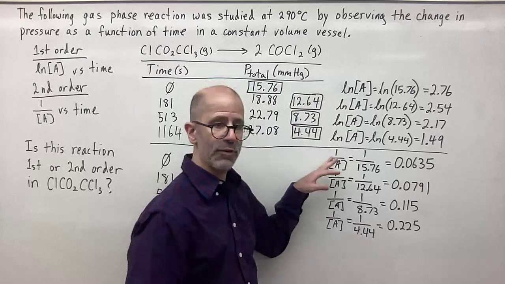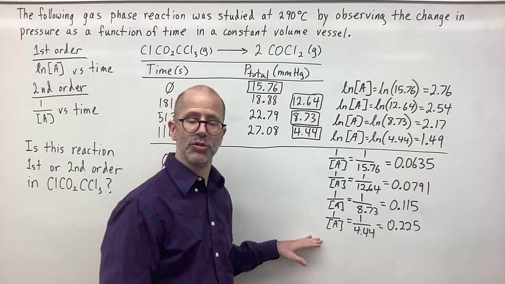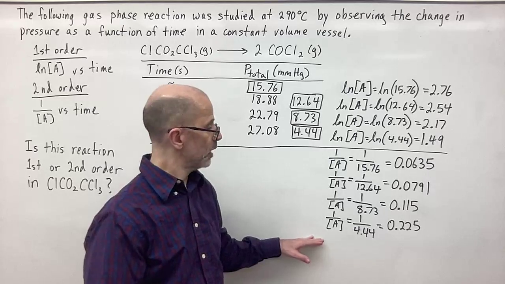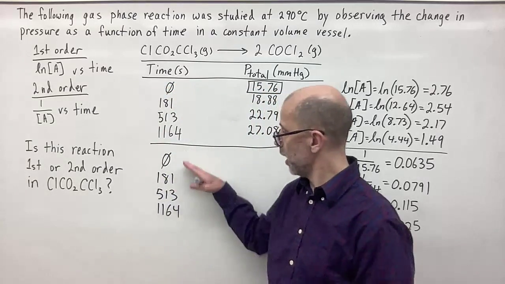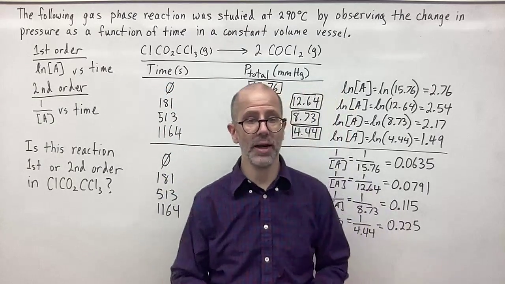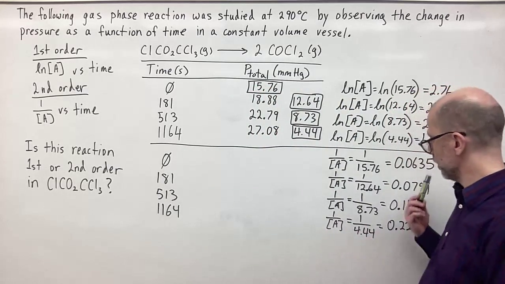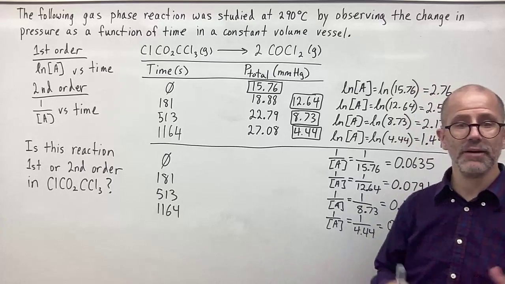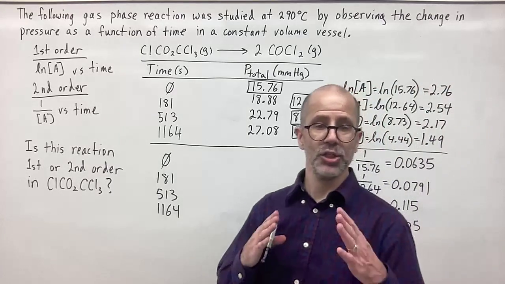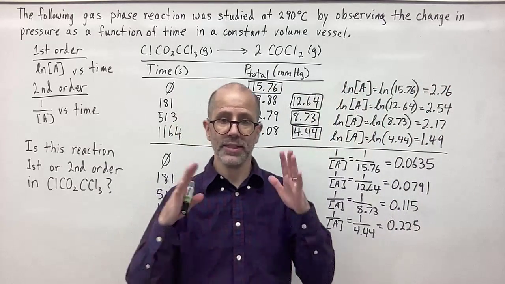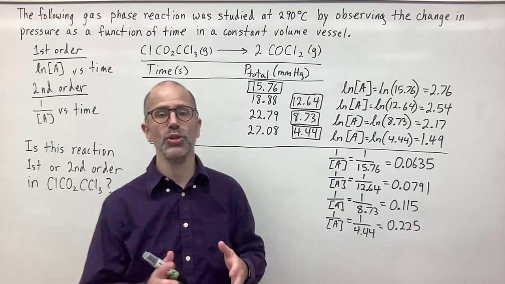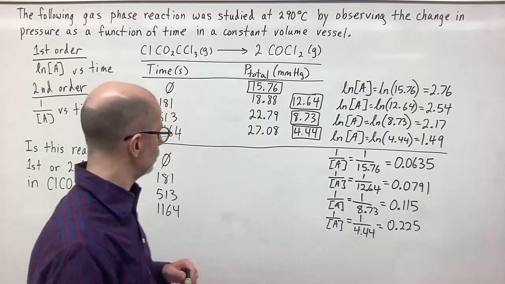And so now I have the 1 over the concentration or pressure of my reactant versus time. And so now I can plot this data with the time and see if I get a straight trend line through the data. Does the data fit a straight trend line? And you would do this on an Excel spreadsheet.